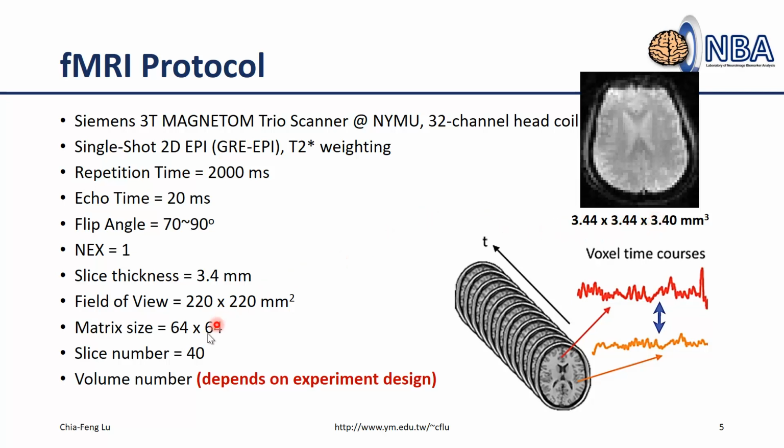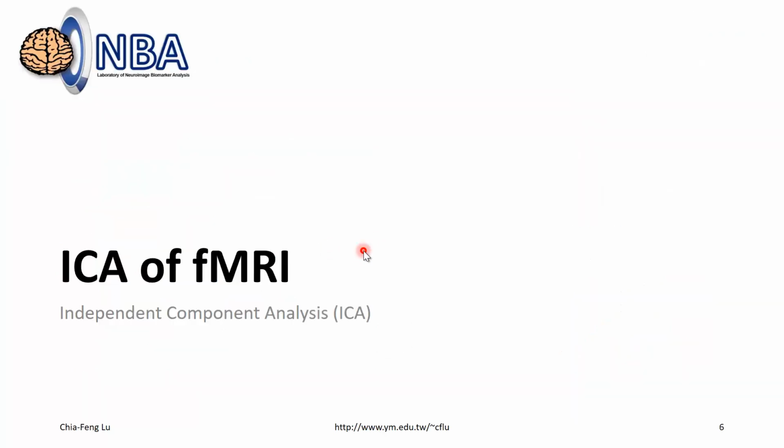Okay, and the slice number is 40. And today I actually provide two data sets of motor task fMRI. We designed a task with 10 blocks in which we ask a participant or patient to perform hand grasping. So this is the data set that I provided you today.